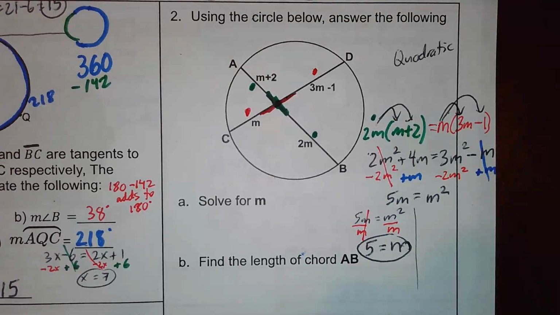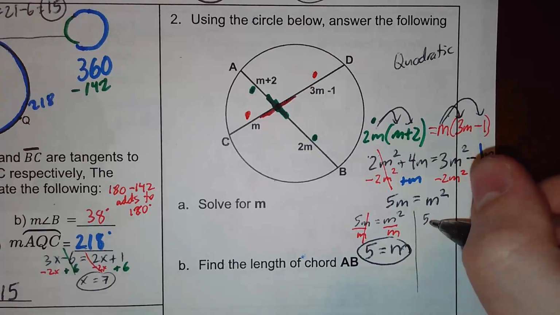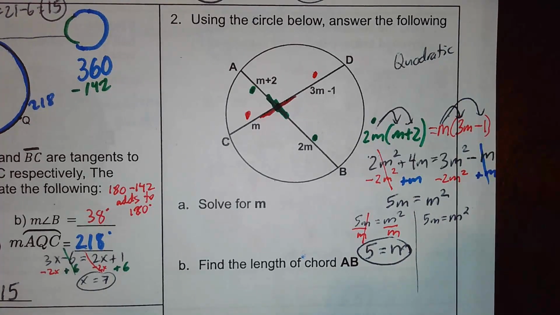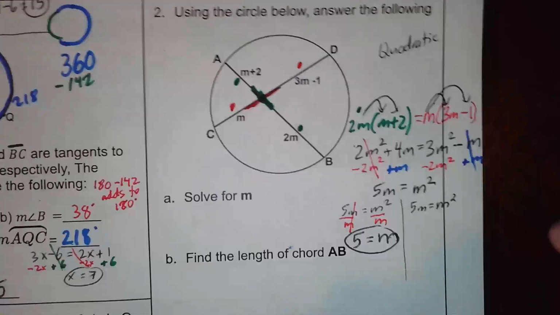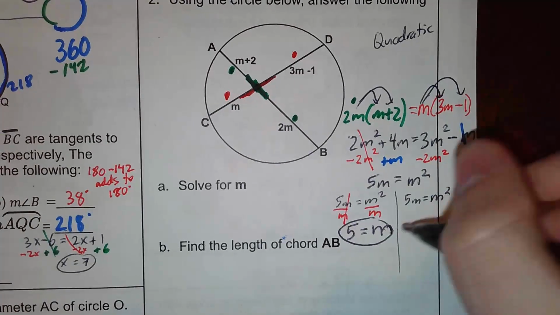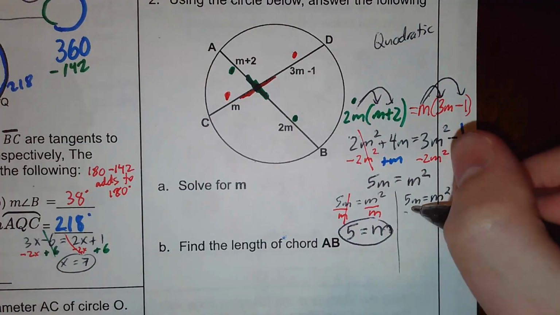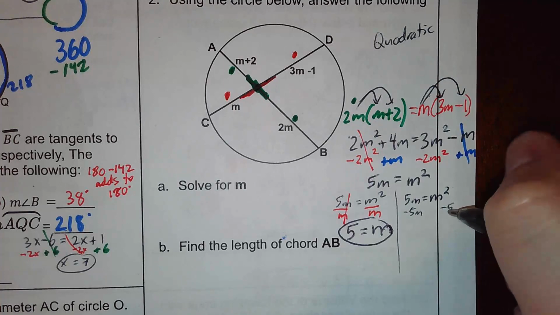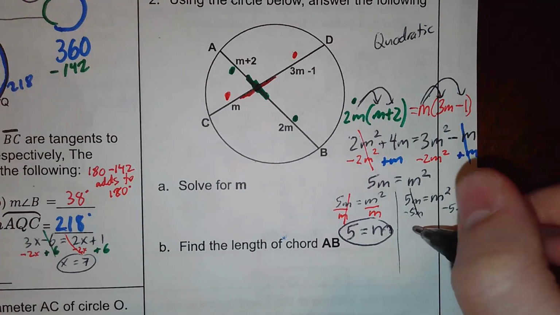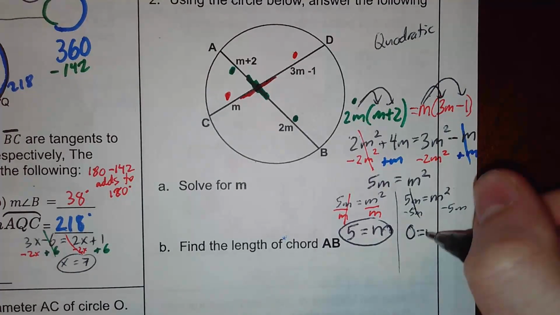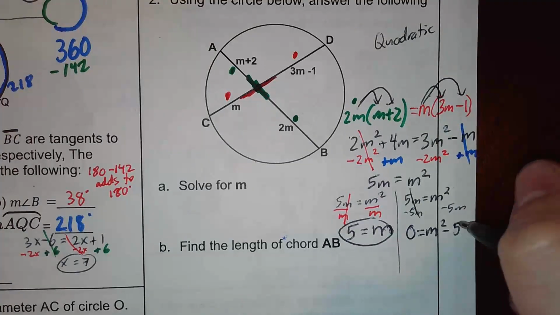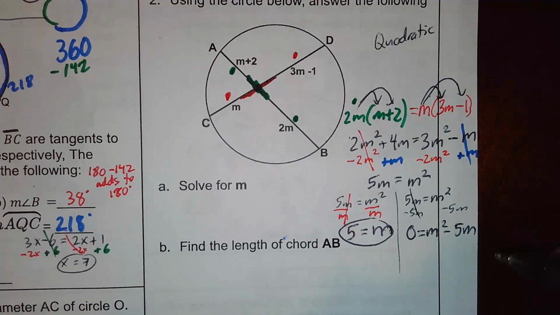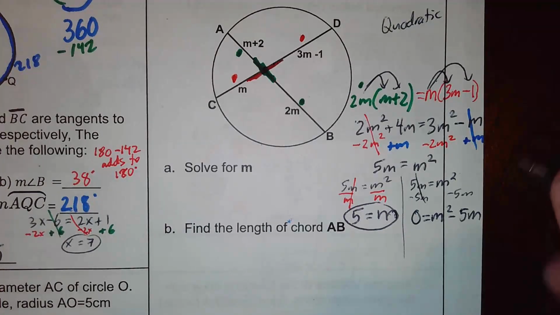The second way to figure this out is by setting it equal to 0, just like we would a quadratic. It is quadratic, so there should be 2 solutions. So by subtracting 5m, we get 0 equals m squared minus 5m. At this point I can use the quadratic formula or factor.